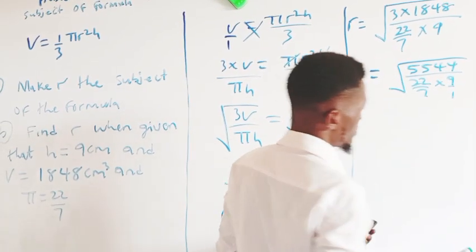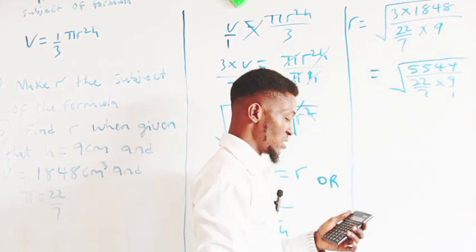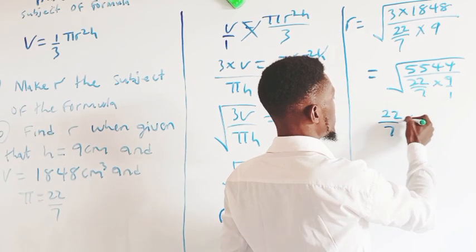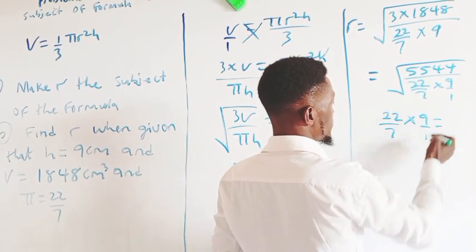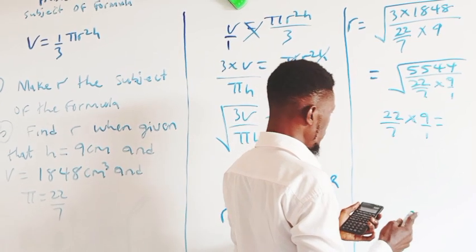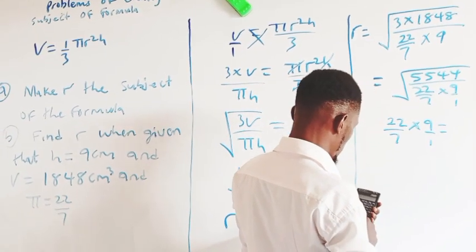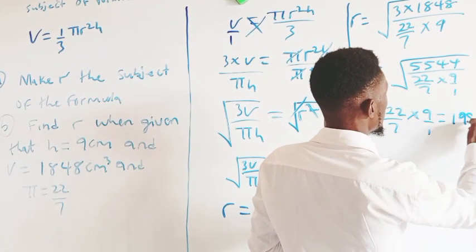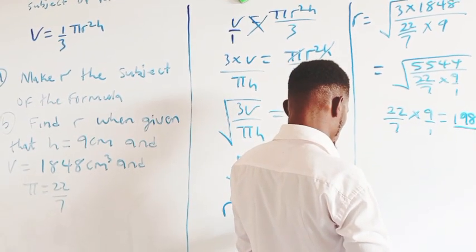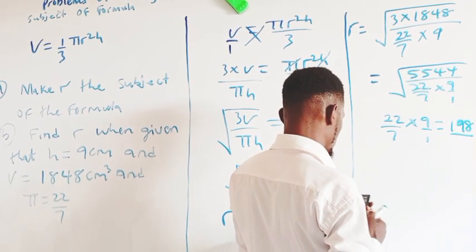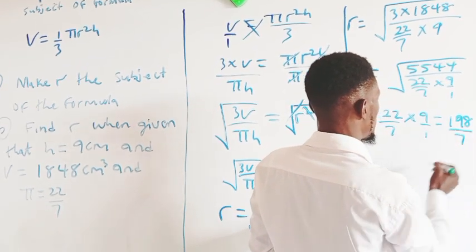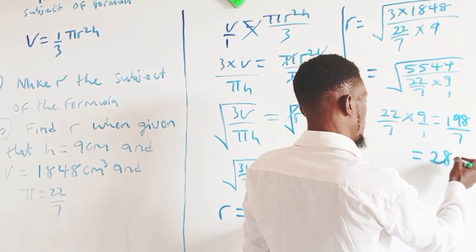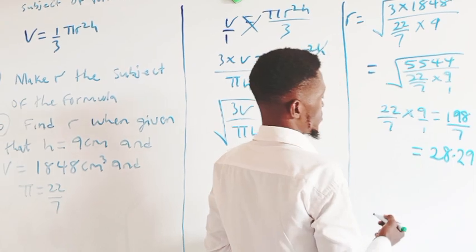Now let's work on our denominator. 22 times 9 is 198. 198 divided by 7 gives us 28.29.